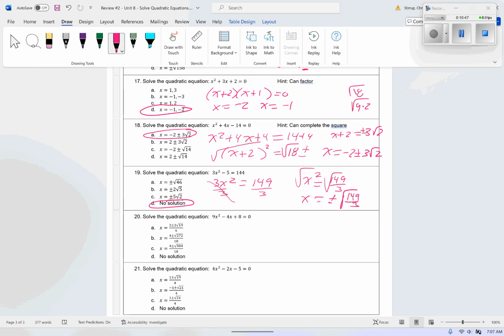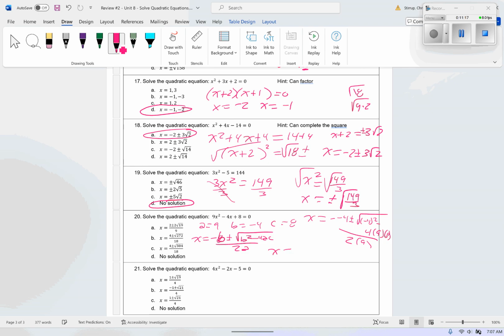Solve using the quadratic formula for this. So a equals 9, b equals -4, c equals 8. We know that x is equal to negative b plus or minus the square root of b squared minus 4ac, all over 2a. So that's going to give me x equals -4 plus or minus the square root of -4 squared minus 4 times a times c, all divided by 2a.